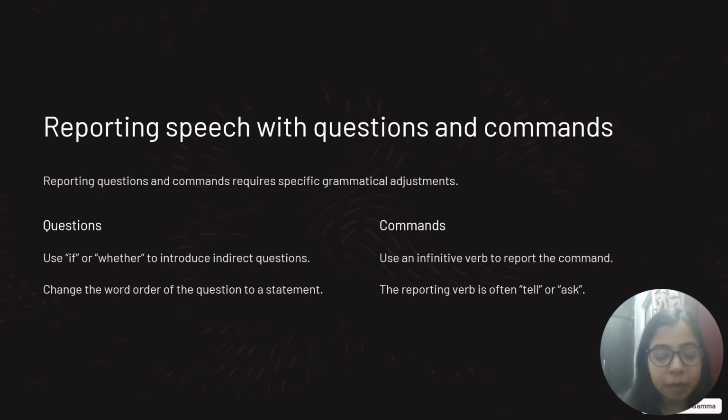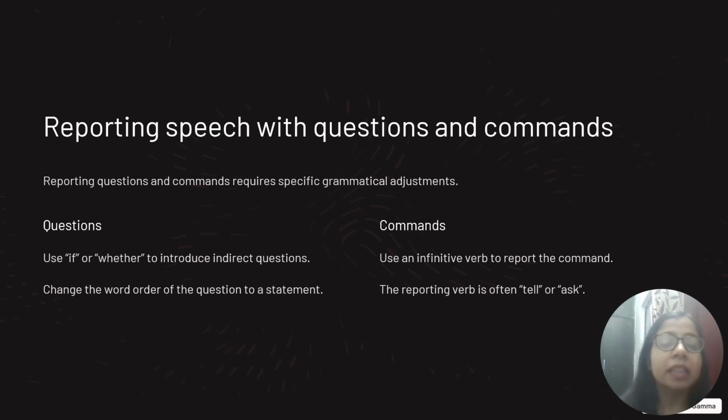If I say, Sahil, where are you going? Sahil will tell his friends that ma'am asked me where I was going. Now the question mark will be removed, because the way Sahil is telling his friends is not a question. Sahil is telling a general statement. So the question will change to a statement.